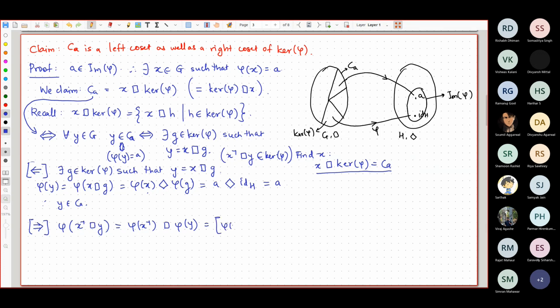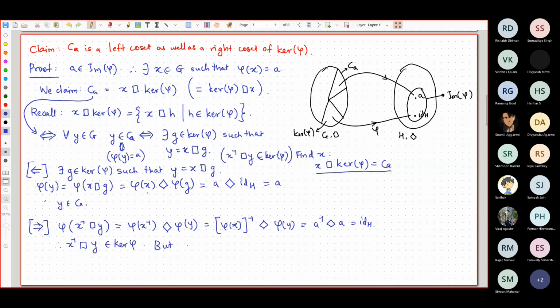So this is phi x inverse diamond phi of y. Right, so this is nothing but A inverse diamond A, which is IDH. That's it. So therefore x inverse square y belongs to kernel phi.